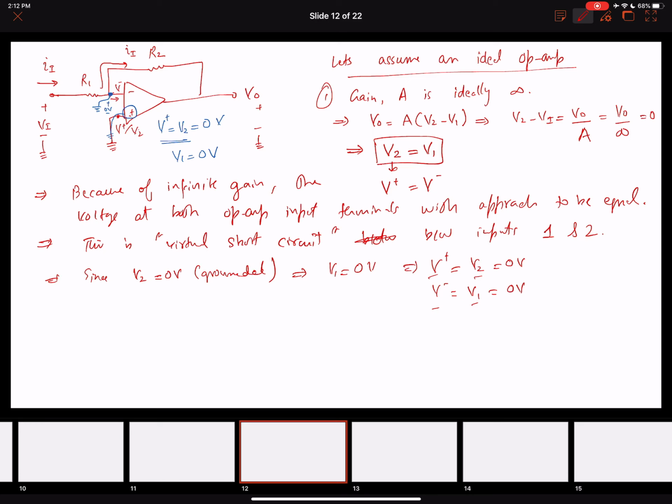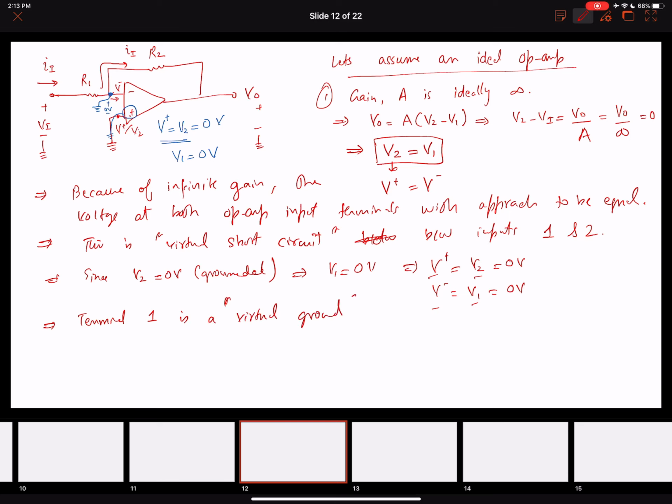Since our V2 or non-inverting terminal, the positive terminal of the op-amp, is grounded, this means that our inverting terminal is also grounded. This is the important thing to notice. Our terminal 1 is a virtual ground.